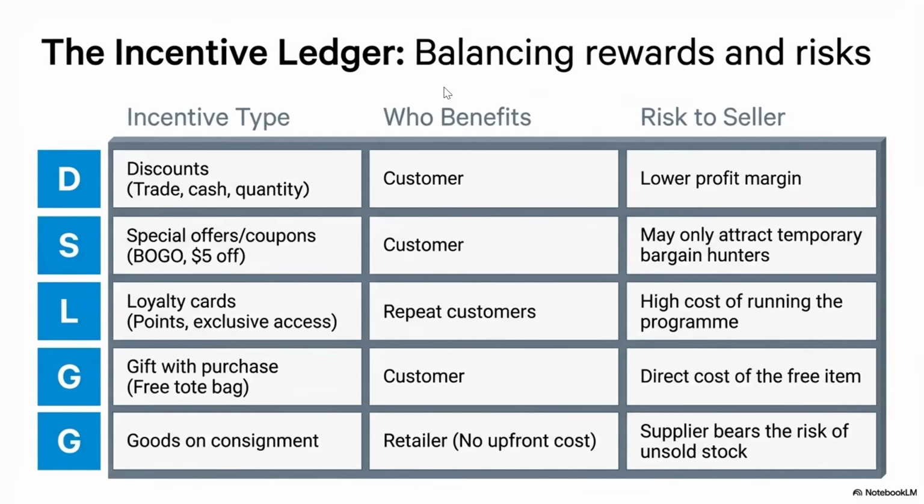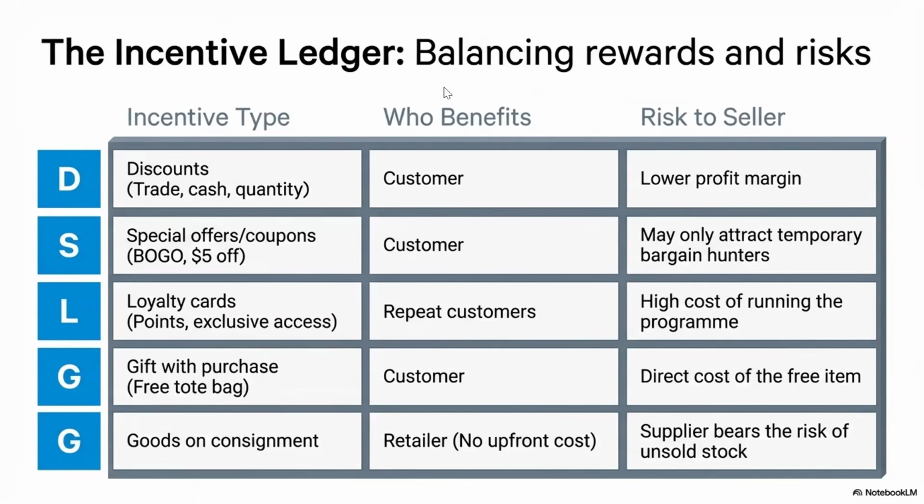So the discount means the seller getting less money. Buy one, get one free might just attract people who are looking for a bargain, and when they stop offering the bargain, they may never come back again, and they waste your money. Loyalty cards could end up costing you a good bit of money, because you're going to have to keep giving away all the prizes that they're redeeming.